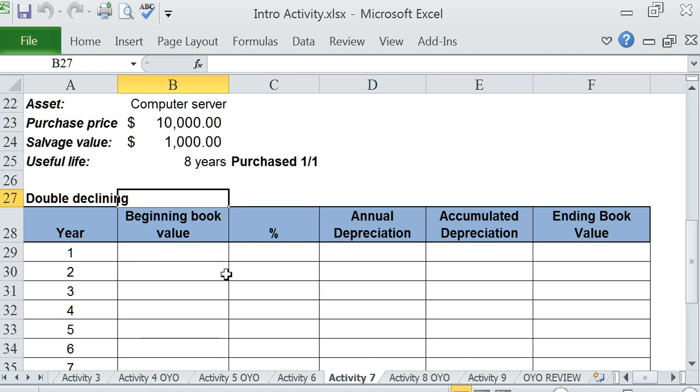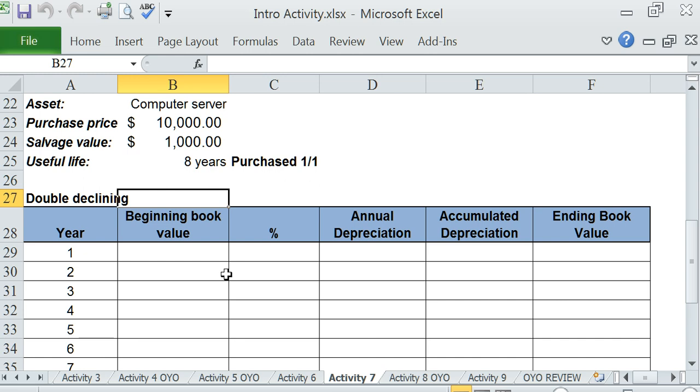Okay, you're probably asking, why do we do this? That's a good question. I'm sure you asked that, right? We do it because of the principle of matching revenue with expenses. If you remember, we try to align with accrual basis accounting. We match the revenue generated with the expenses so that we get a true net income.